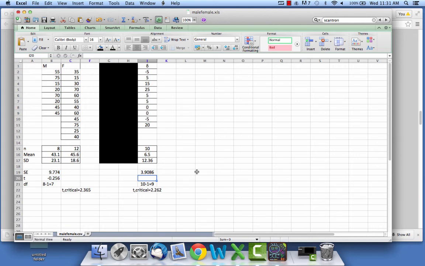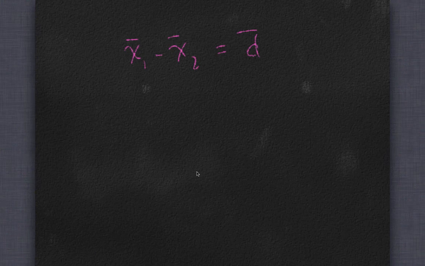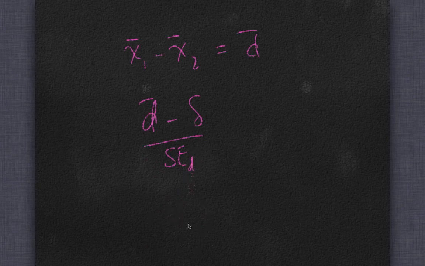And so our difference is 6.5. So this would be D bar. Okay. So we're looking at D bar minus delta over SE, right, for D bar. But this we expect to be 0.